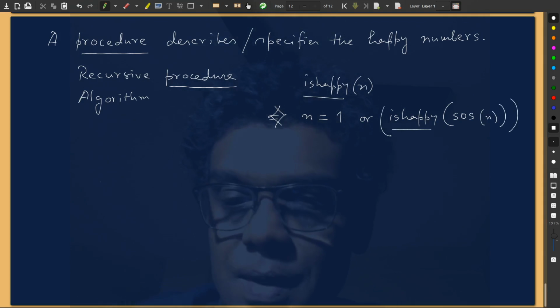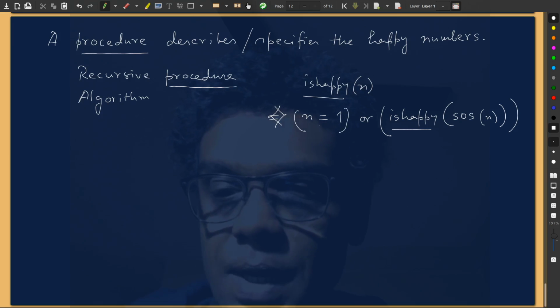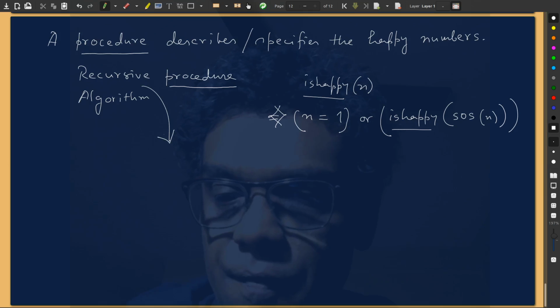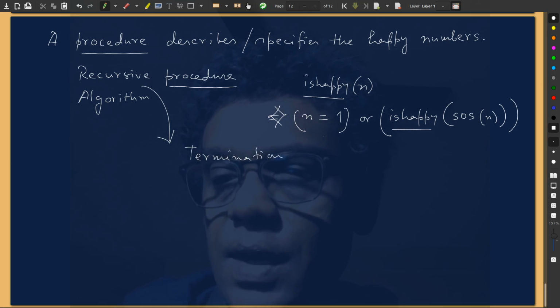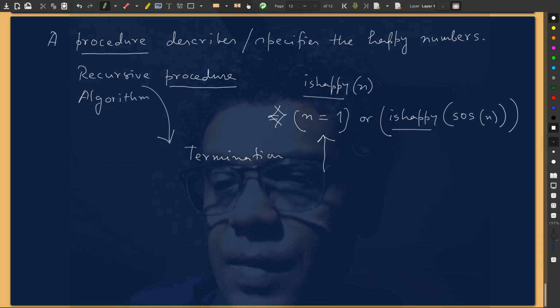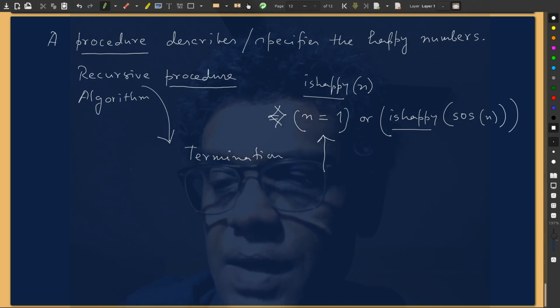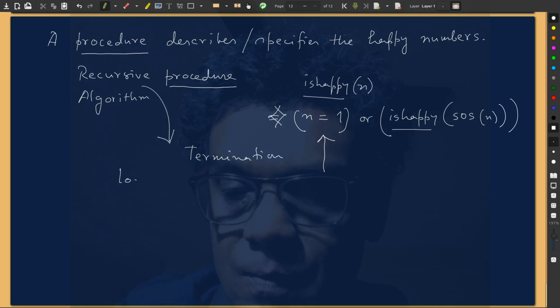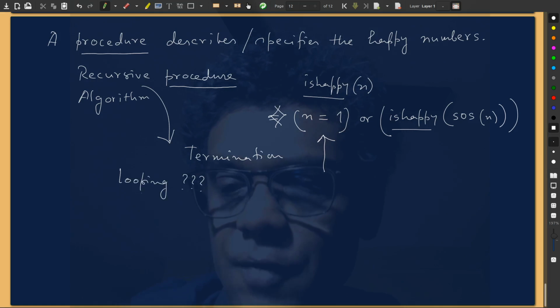Now, in order that I make it an algorithm, I must have some termination. Definitely if we eventually end up here, n equal to 1, this is definitely a termination criterion. Otherwise, looping. We have to detect this looping for unhappy numbers.